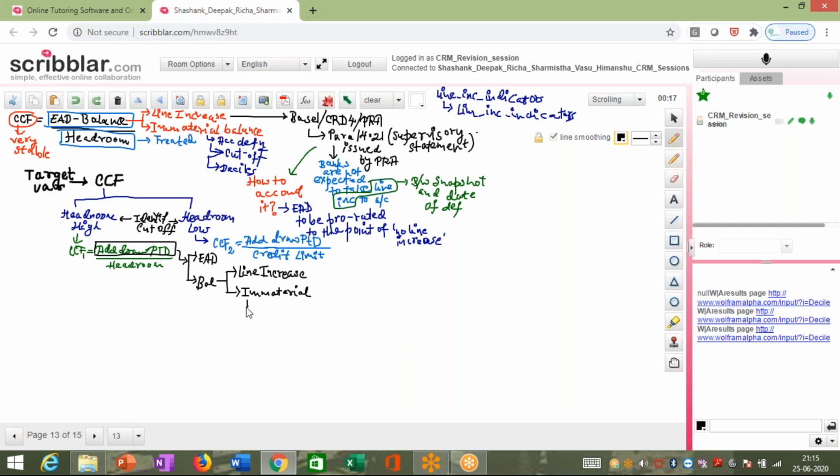Now, when I talk about this immaterial balance, the question that comes out is how to identify the line increase. So obviously there is a line increase indicator, as I had discussed. We have a limit increase indicator, and every account and every bank has a different way of treating their accounts.